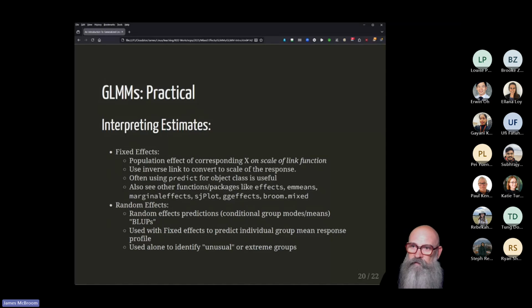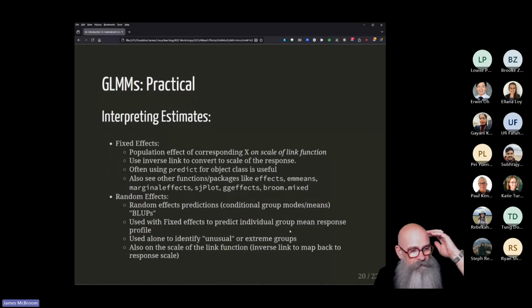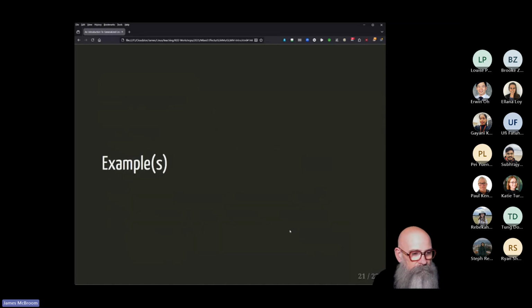So if you're looking to find groups that deviate the most from the population, then pumping out the random effects predictions and choosing the ones that are most extreme can help you identify individuals in the population that are least like the population, for example. You also need to look at them on the scale of the link function by using the inverse link to map back.